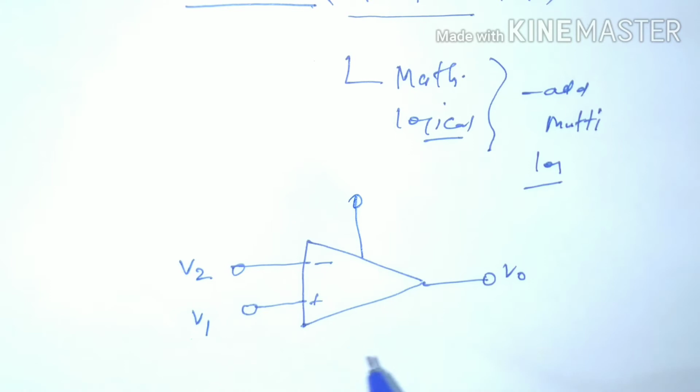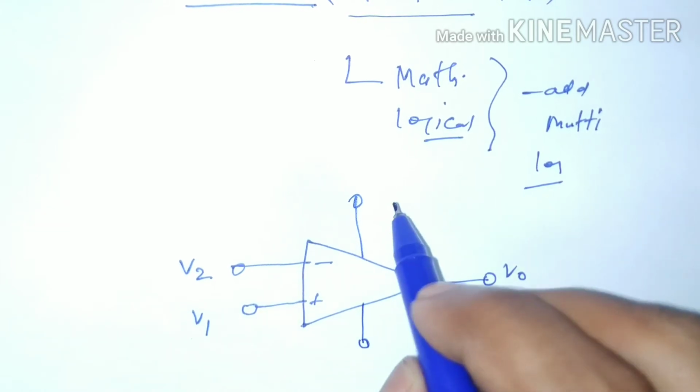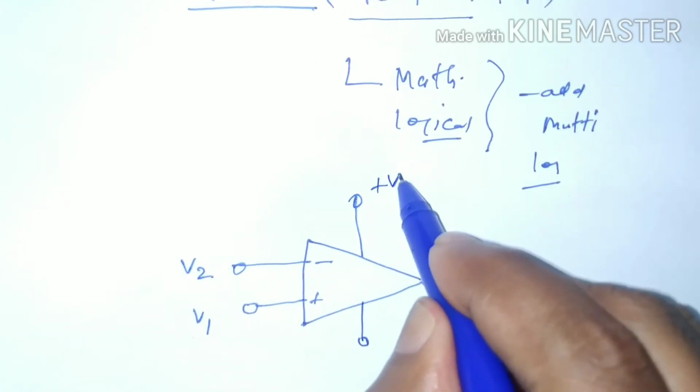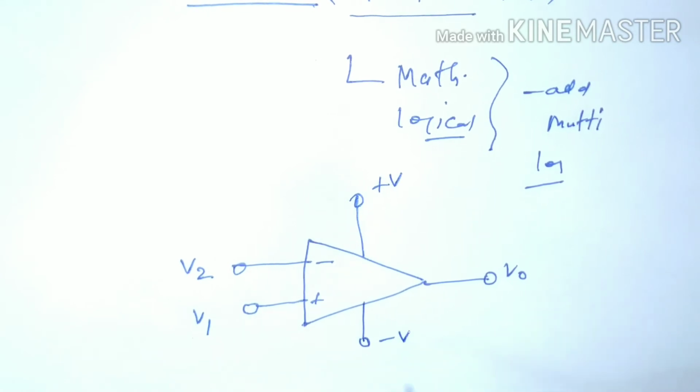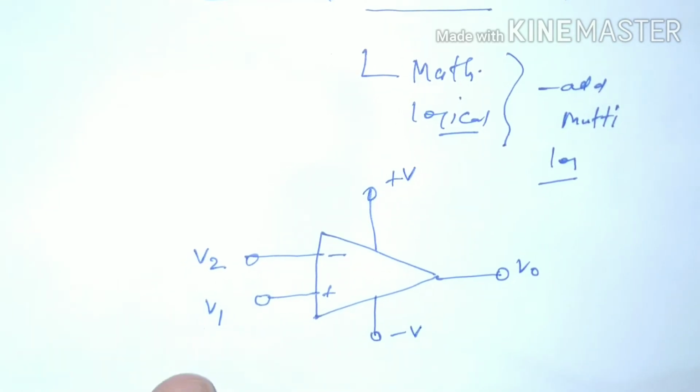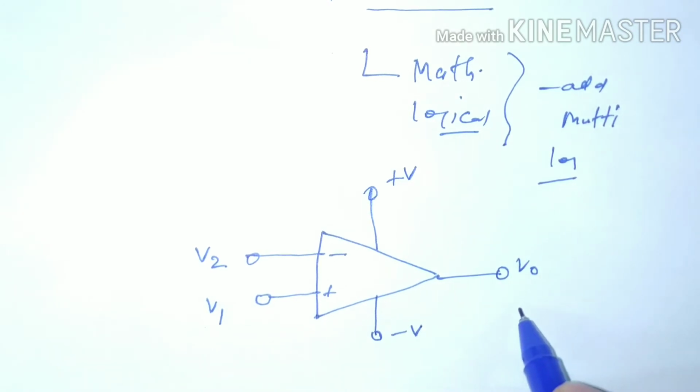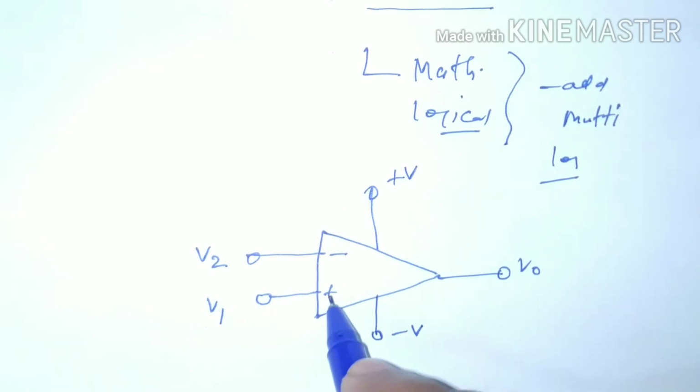Two other terminals are also present: the power supply plus V and minus V. By these terminals we can apply input, and here we get the output. One is positive and the other is negative.